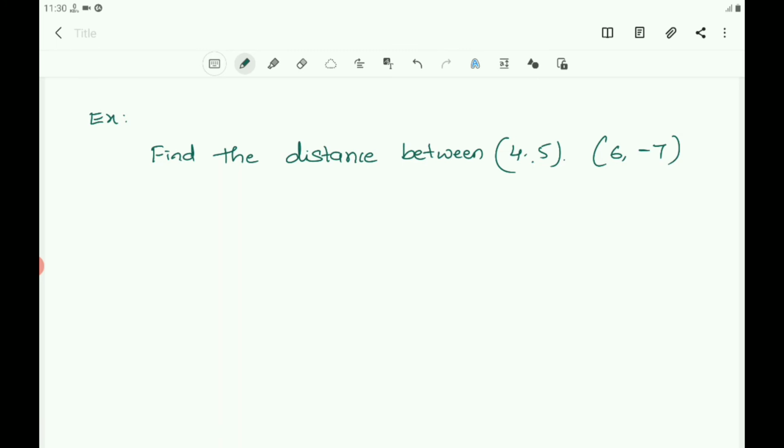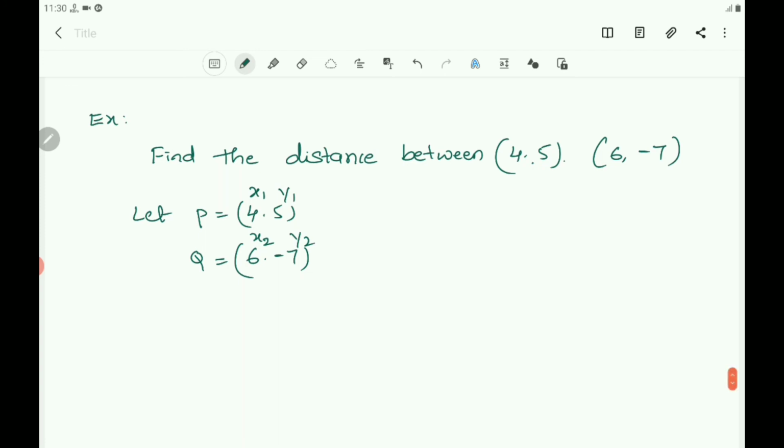Let us consider the 2 points are P and Q. Let P equals (4, 5), and let us consider the coordinates x1, y1, and Q equals (6, minus 7), which we denote x2, y2. Here x1 is 4, y1 is 5, and x2 is 6, y2 is minus 7.